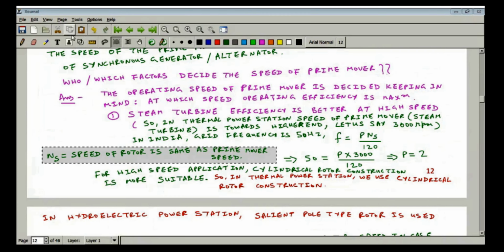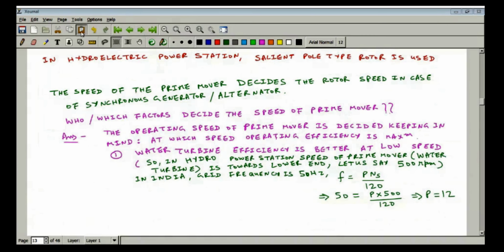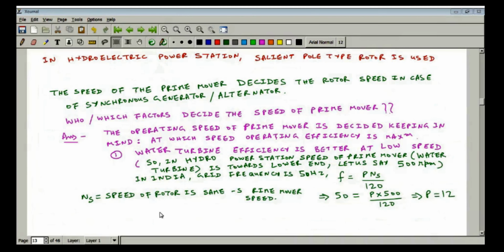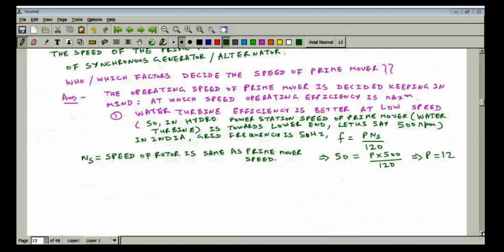So Ns, the speed of the rotor, is the same as the prime mover speed.